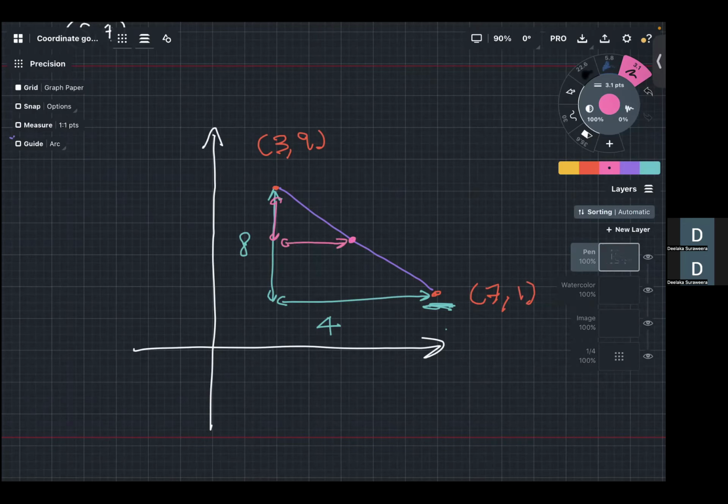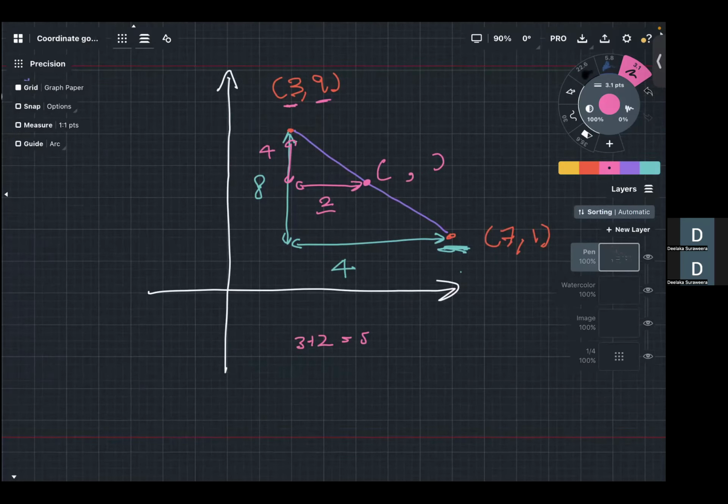Halfway down is 4 down from my starting y. And then halfway right is 2 right from my starting x. So my final x value of the midpoint is 3 plus 2 because I'm going right. For y, I start at 9, then go down 4, minus 4 to get 5.